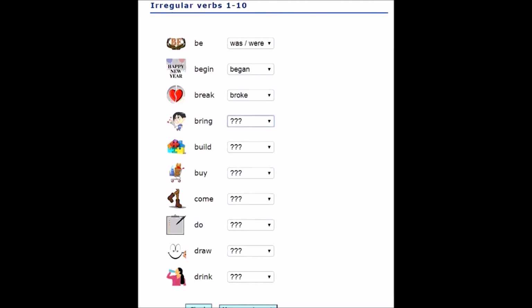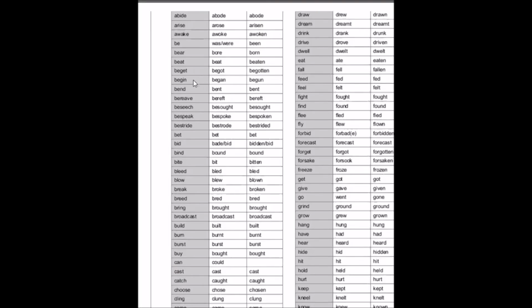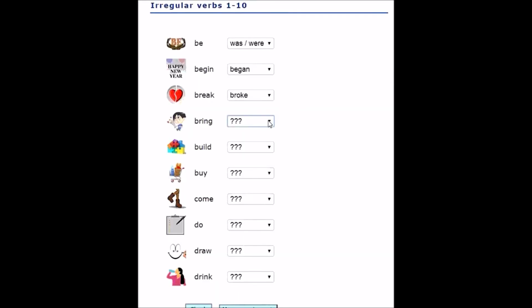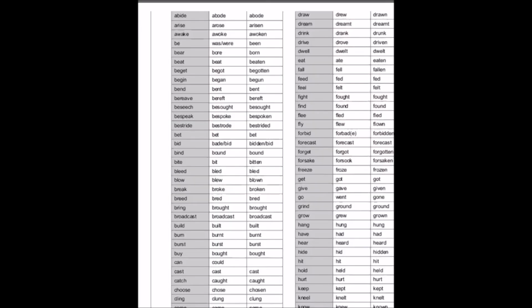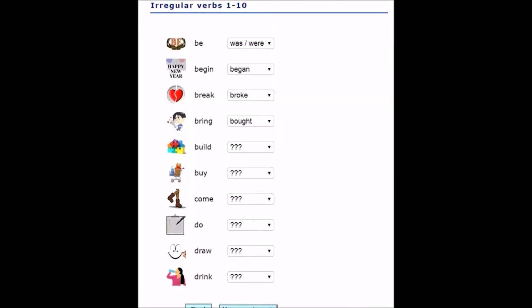Bring. Let's go back to the list. Bring becomes brought. And there you go. Do you see how easy it is to have a list on hand? Just look at it and then do whatever exercise you need.